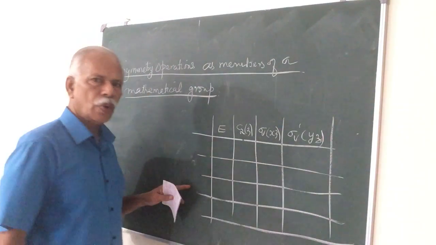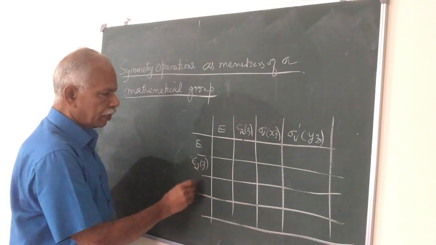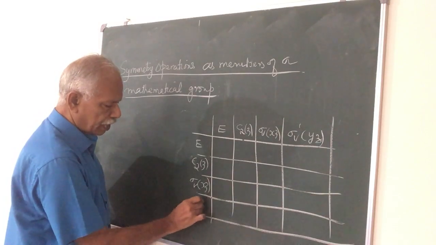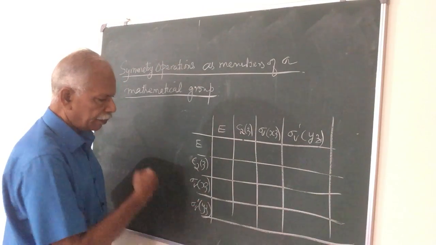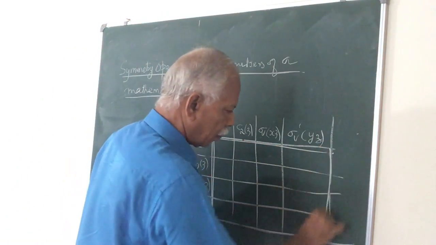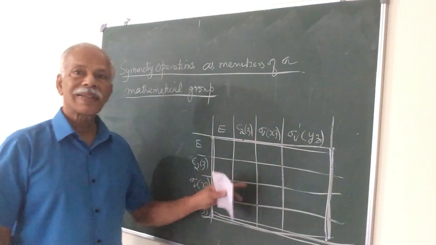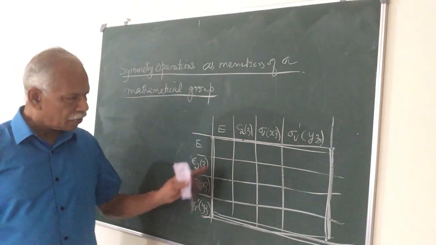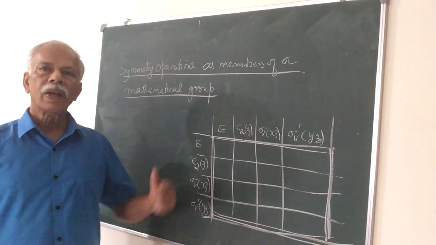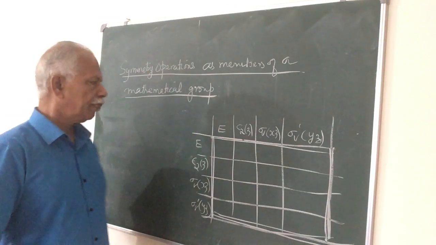Every row is also headed by identity, C2z, sigma v xz, sigma v dash yz. So this is the frame of the multiplication table, it contains as many as 16 boxes, and you have to fill in each box with the product of column operation followed by row operation.